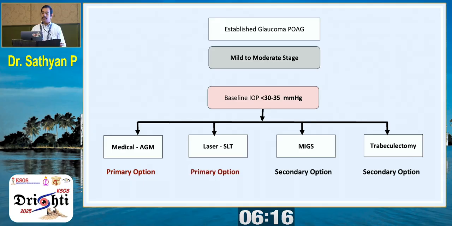Once you have the disease as mild to moderate, how many times have you done the staging of the disease in your practice? Have you ever done that? If you have not done, please start doing it from today.